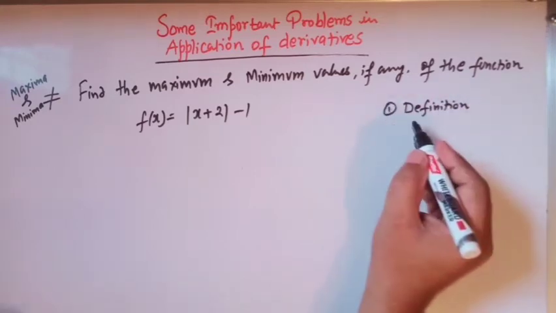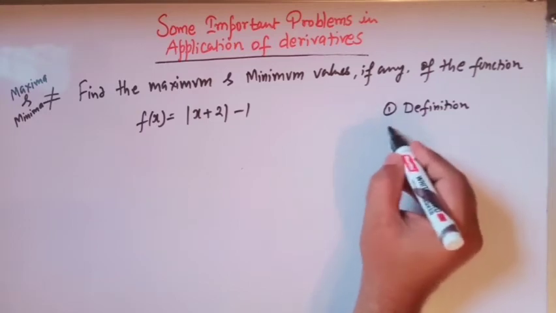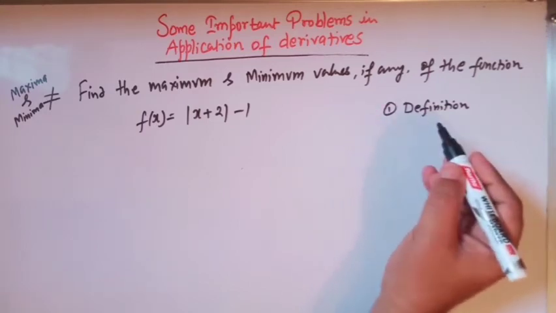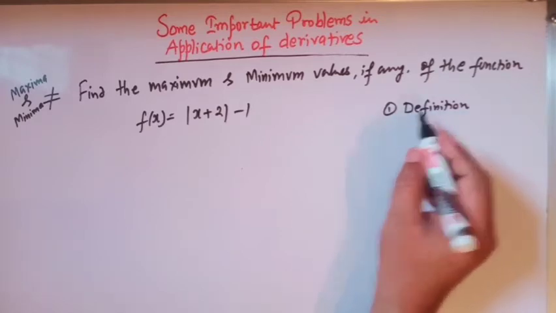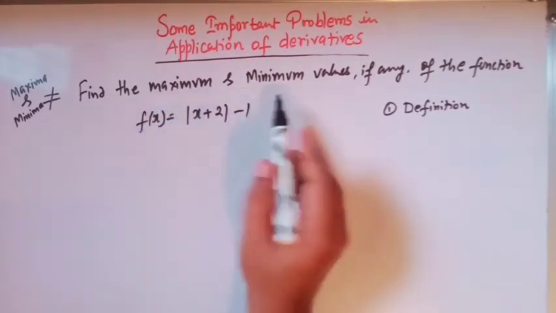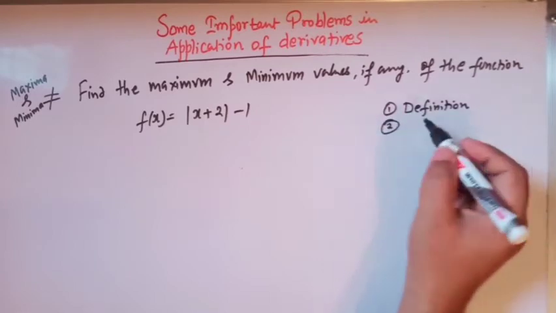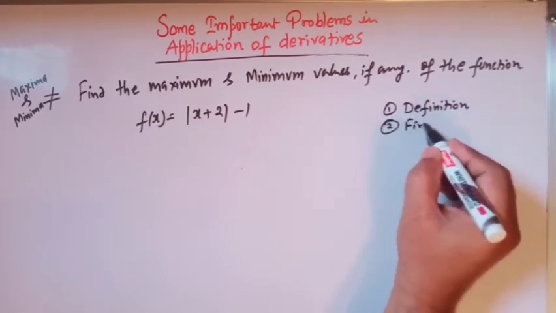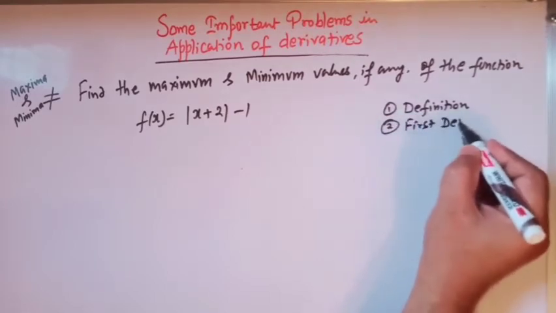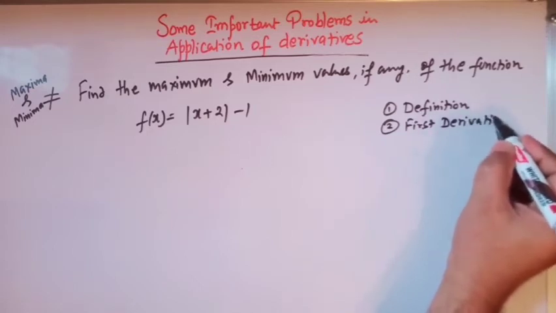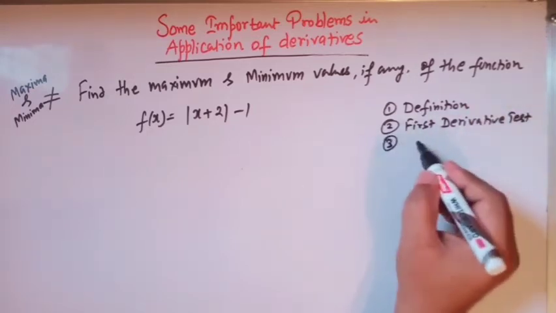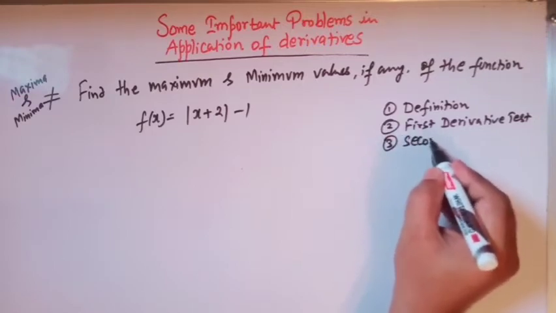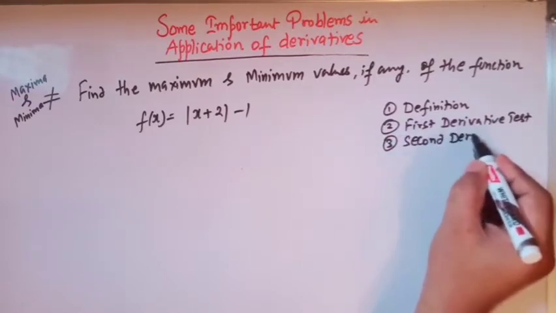Actually there are three methods, right? The first one is by simply guessing at the function, or by making use of the definition of maxima and minima, and the second method is the first derivative test. This is the first derivative test, and the third method is second derivative test, right?